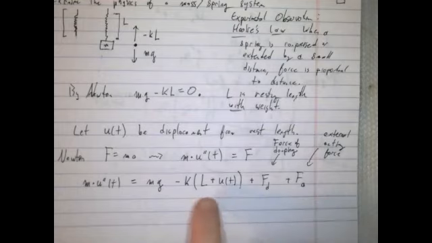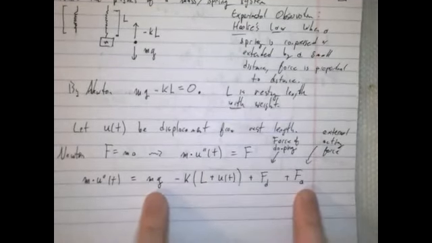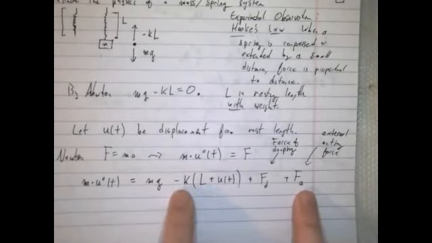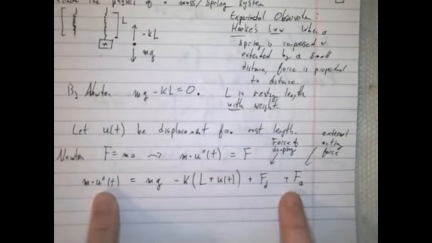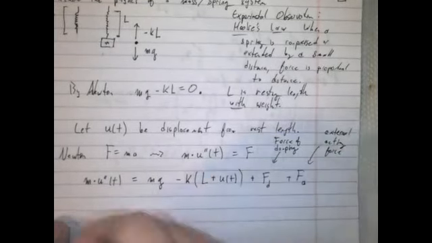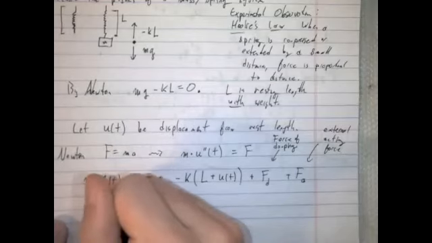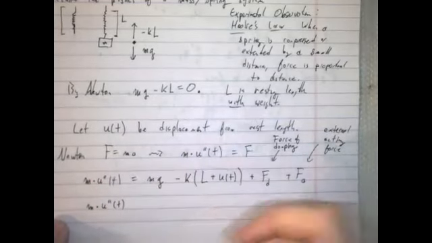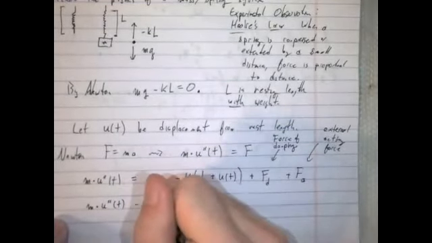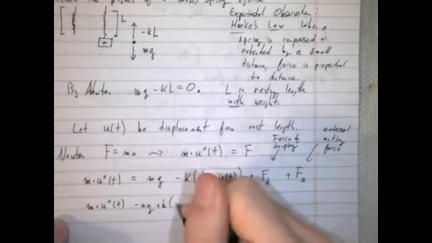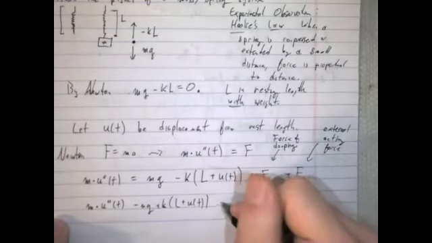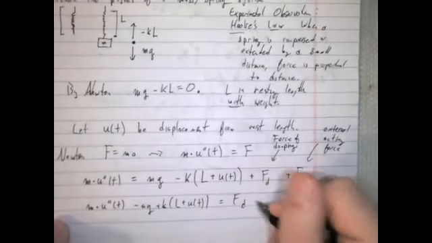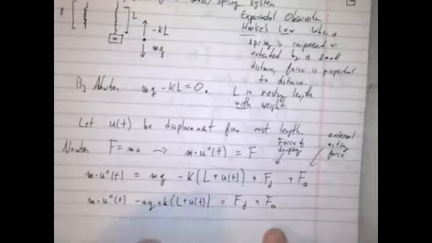For instance, in this equation, mg is a constant, L is a constant, k is some determined constant. If I move all this stuff over to one side, what I've really got here is m times u double prime of t, minus mg plus k times (L plus u of t), being equal to f of d plus f of a.